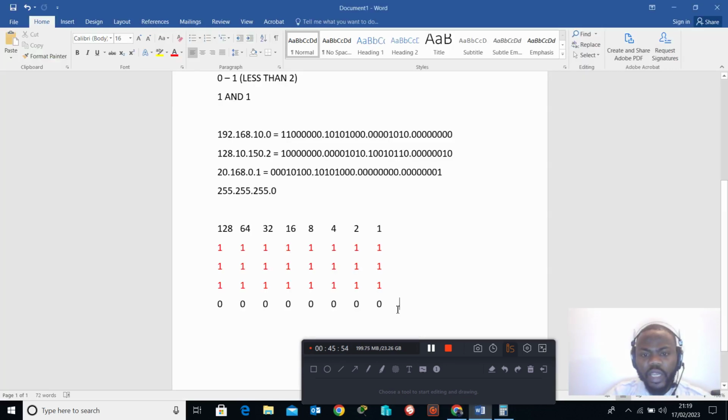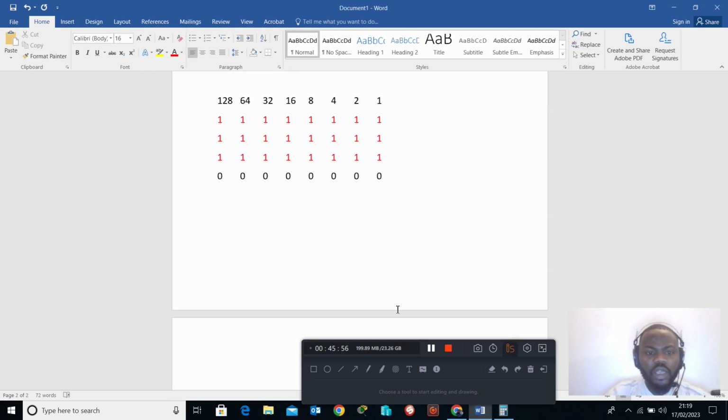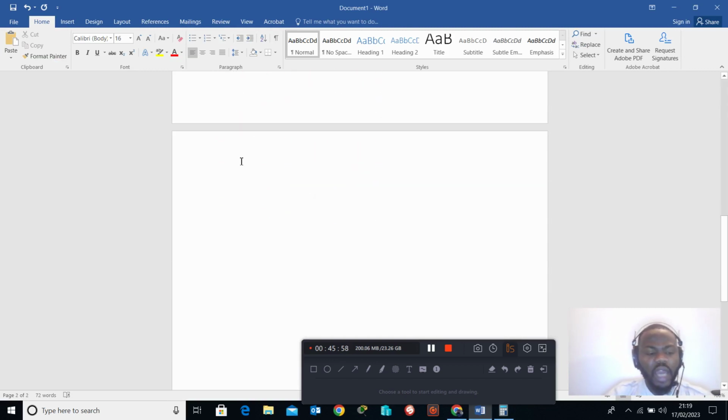So what I'm saying in essence is that if you are given an IP address as 192.168.10.10, anything, this is an IP address now. What would you say to this? And they gave you a slash notation. Let's say the slash notation is 24.